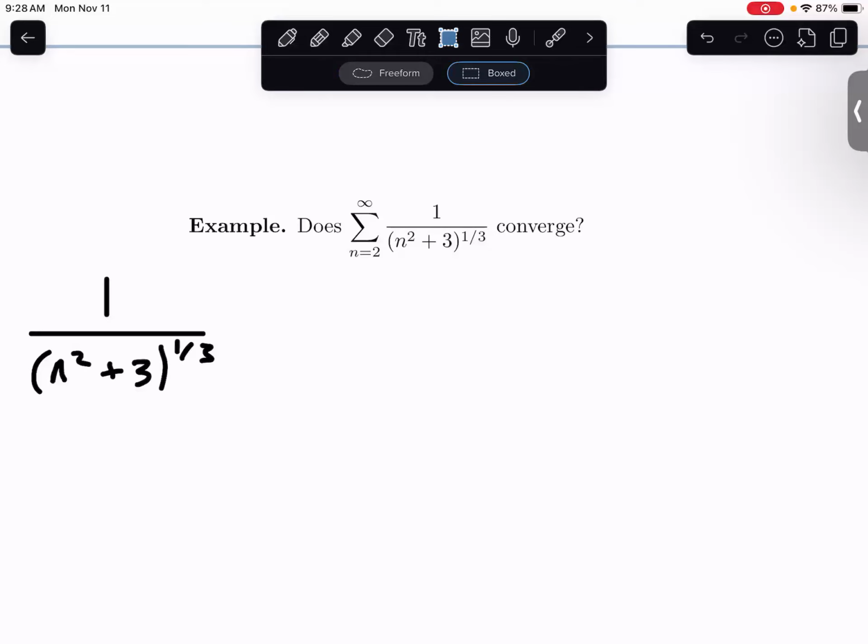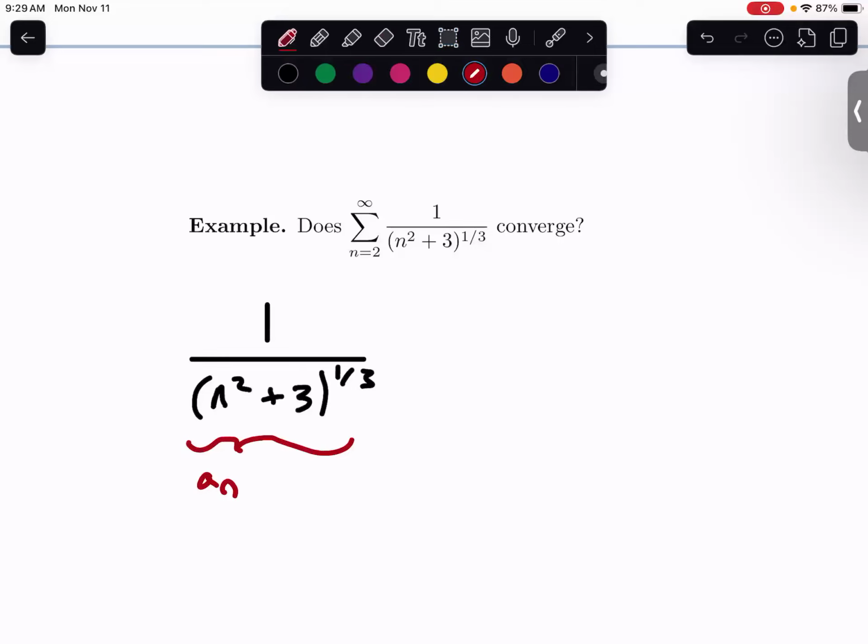Actually, this is the original sequence we have. This is our a sub n. Never mind, I'm thinking too much. Okay, so this is the original series that we have.